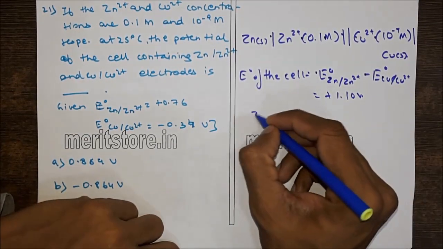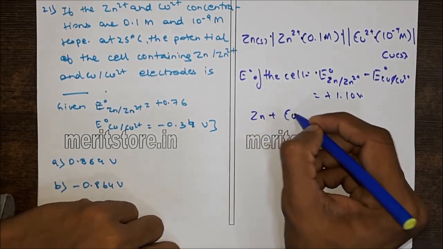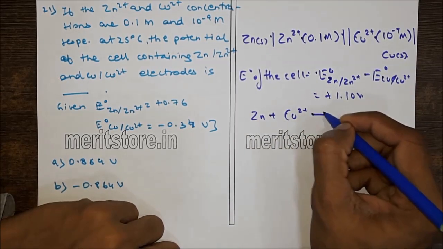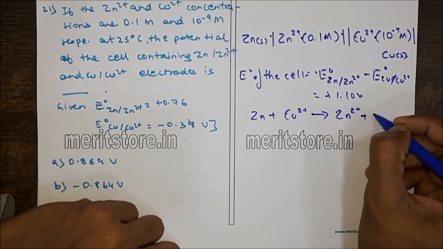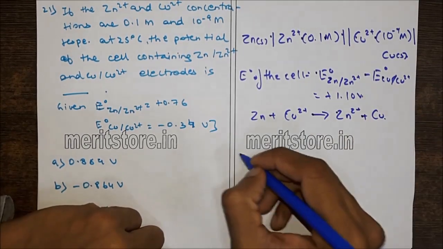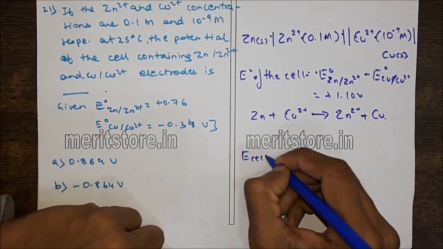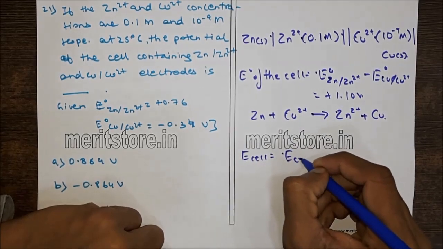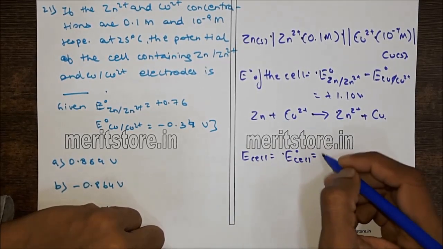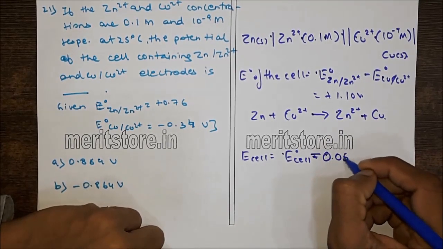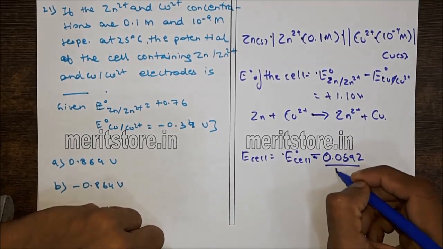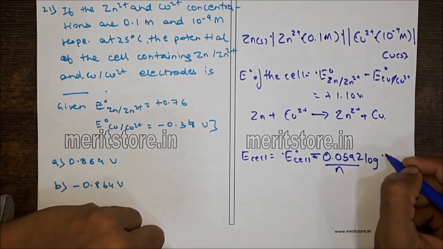So we have zinc plus copper on the reactant side, and we get as products Zn²⁺ and copper. So the cell potential, E cell, is equal to E° minus 0.059 upon n log.